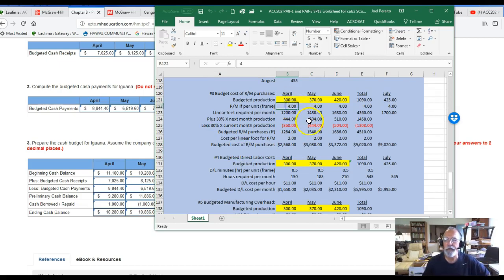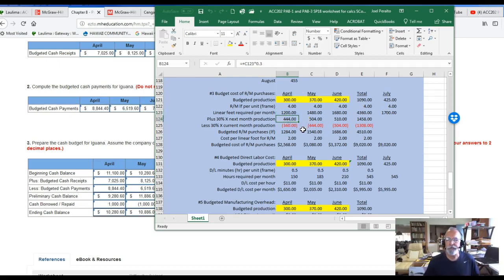We apply the number of linear feet required for each unit to come up with the total linear feet footage required for each month. In this case, 1,200 linear feet of material required for April.